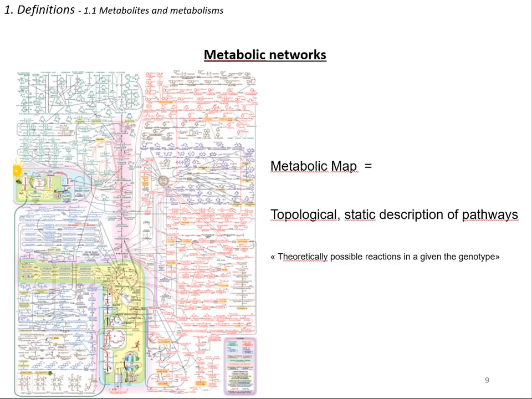And so we can draw metabolic networks. It makes very beautiful posters on the wall of many labs. This is a set of metabolic reactions, of enzymatic reactions, of metabolic pathways. And it makes a map because you have connections between the different parts of the metabolism.